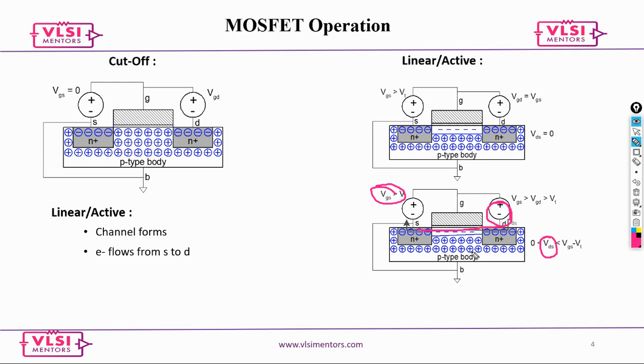This is what we call linear mode. In this case, your IDS increases with gate voltage. Remember, IDS increases with gate voltage, and it is similar to a linear resistor.